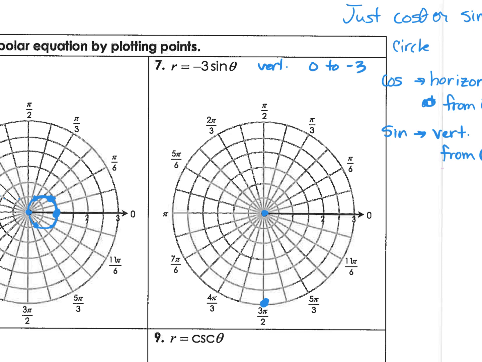Halfway would be wherever the sine would be half. Half for cosine would be pi over 3s, but for sine, half is pi over 6s. So halfway at pi over 6s. So at 7 pi over 6, it's going to be half of 3, which would be 1.5. So half, 1, 1.5. So this, guys, is really enough to figure out what this guy is going to look like, isn't it?